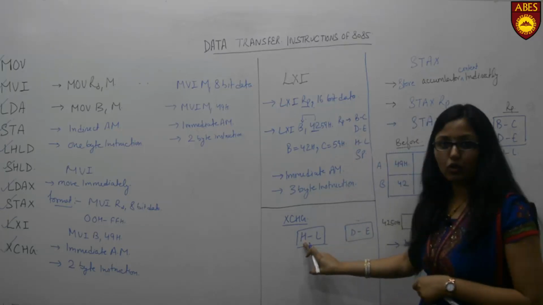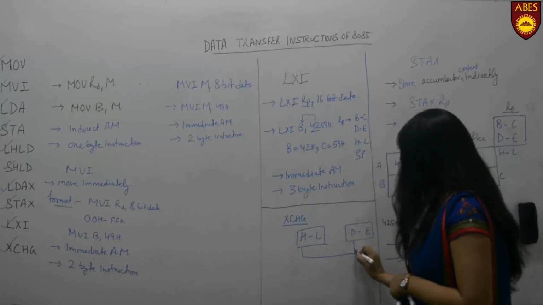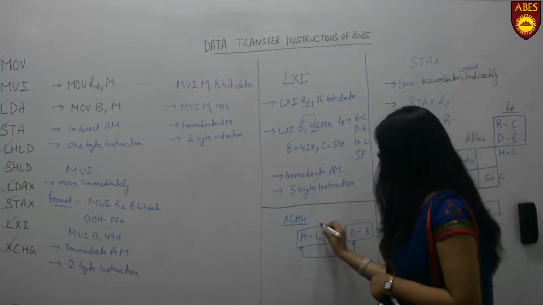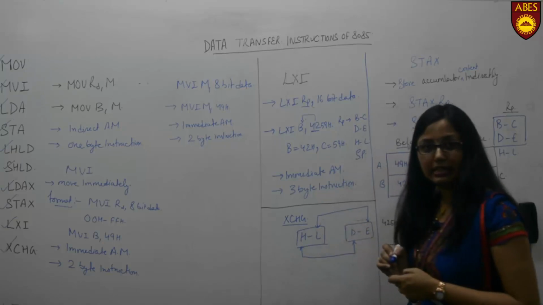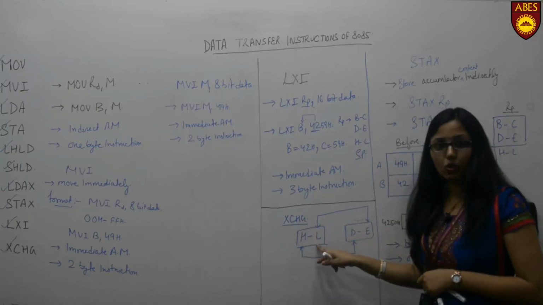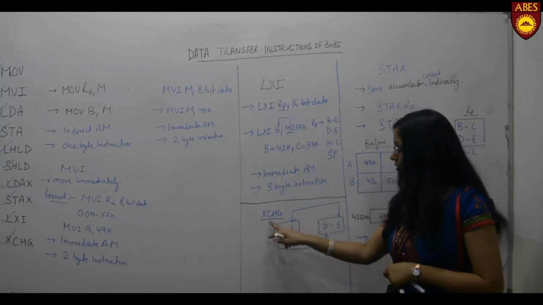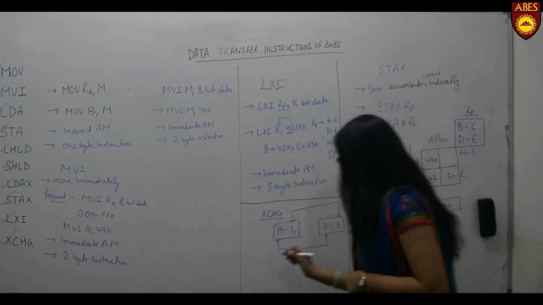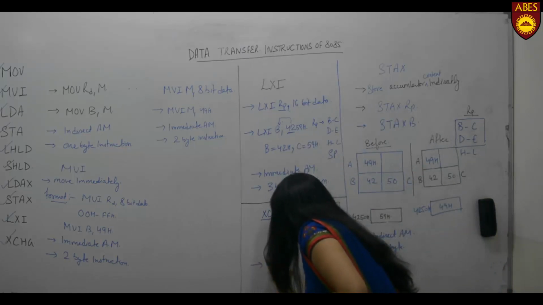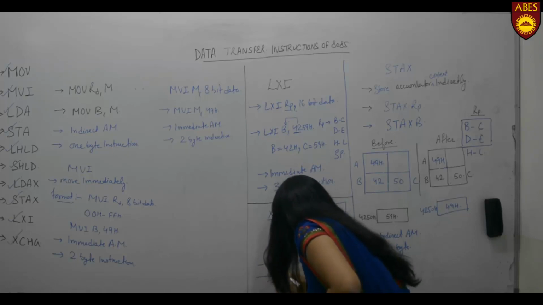Here the content of the higher order register, register H, is exchanged with register D and the content of register L is exchanged with register E. This instruction is only used with HL and DE, which means its operand is fixed; you have only the mnemonic. That's why this instruction belongs to implicit addressing mode and is only a 1 byte instruction.